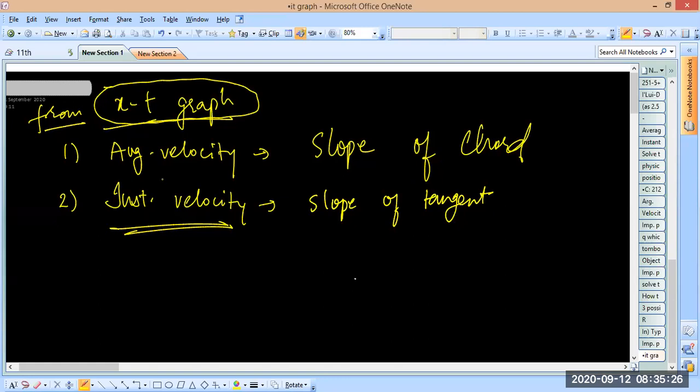Suppose someone would say without xt graph, if you want to find instantaneous velocity without xt graph, then how would you do it?